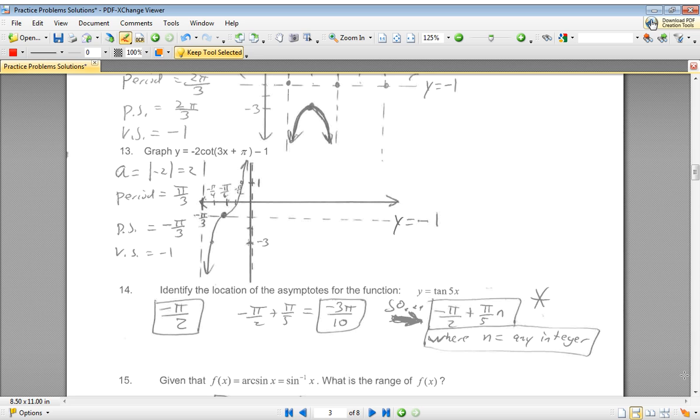Graph cotangent. Also remember that cosecant and cotangent you cannot do on your calculator unless you do 1 over.